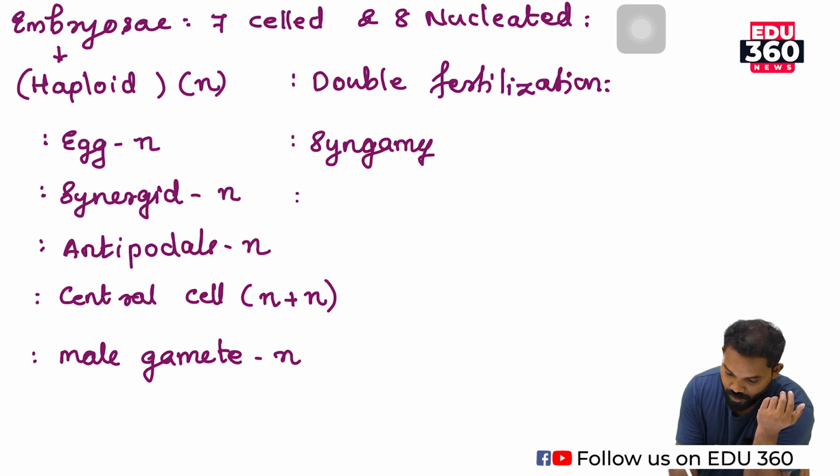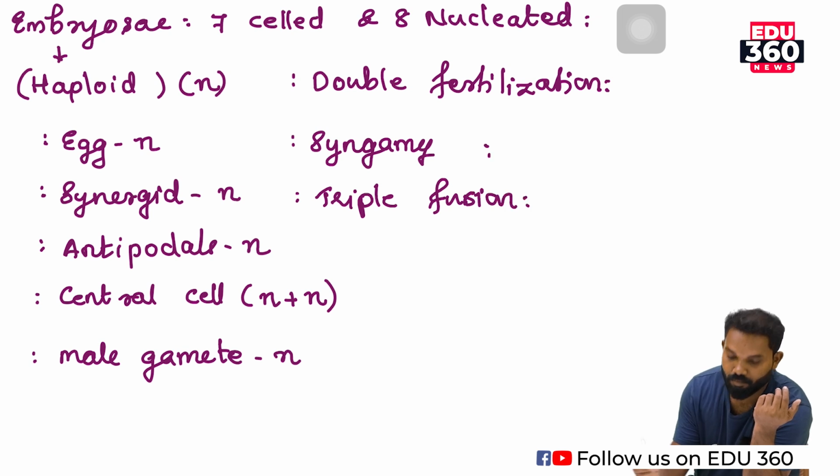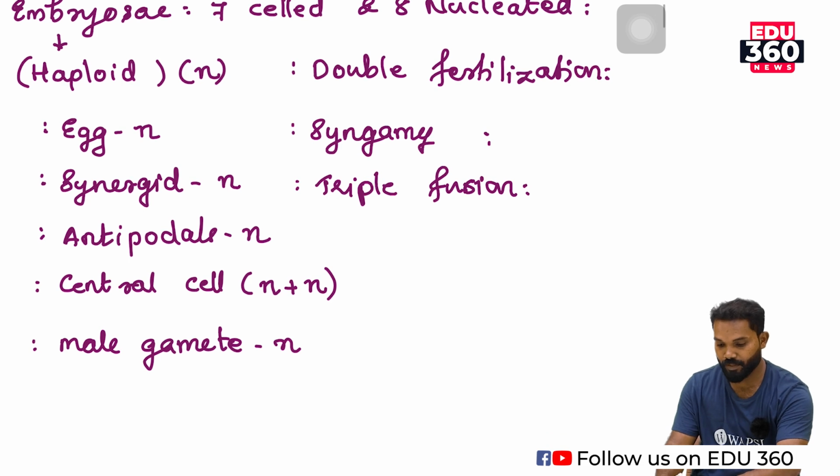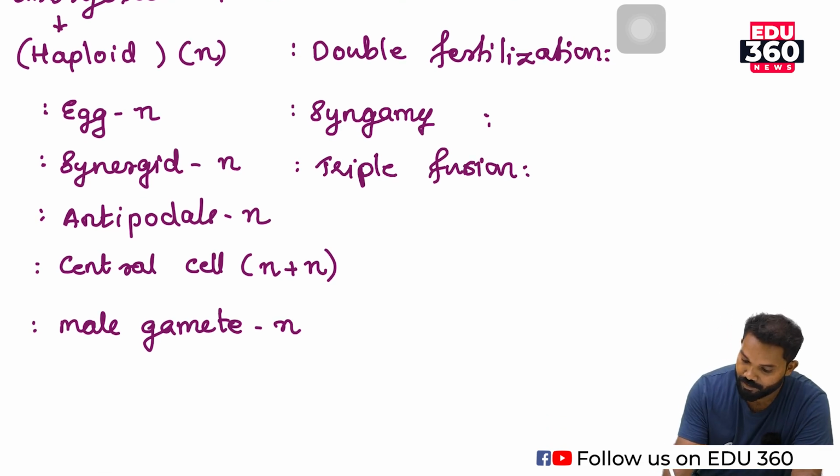And the next one is triple fusion, which is the unique character of angiosperms. Syngamy is the fusion between the male gamete and the female gamete.